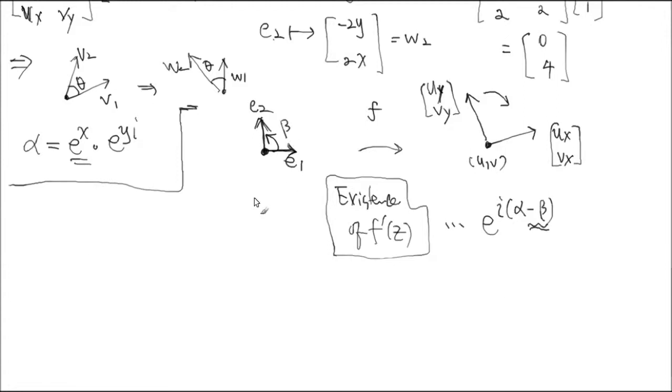That's where that one is coming from. E1 is already horizontal, so in the e1 case beta is 0. When you calculate the derivative, because of the complex number being in there, you just calculate that directional derivative. The final step in f prime of z, slightly different from the u, v picture, is clocking backward by this beta angle. If you're clocking backward by the beta angle, it is supposed to be exactly the same thing.